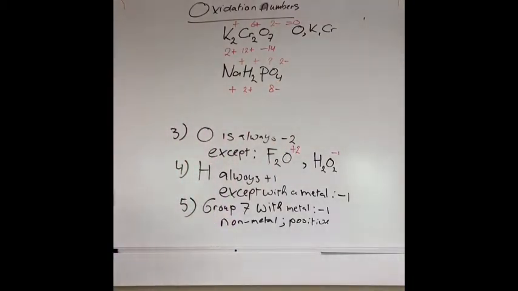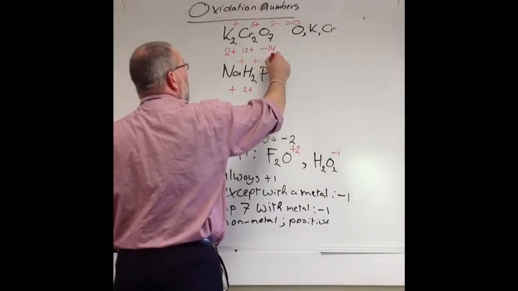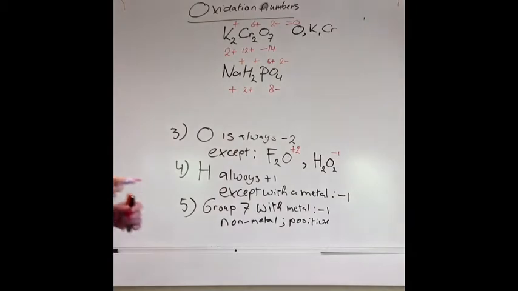Therefore, the oxidation state of the phosphorus will be 5 plus. If you're just wondering why we need oxidation states, well, we use them for so many things, especially redox reactions. This comes back in A2, and I would just say, learn the rules.